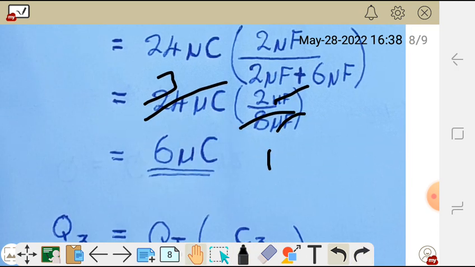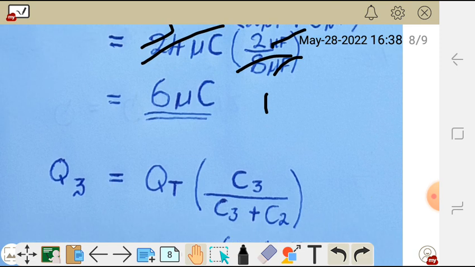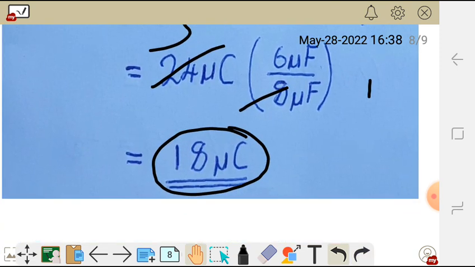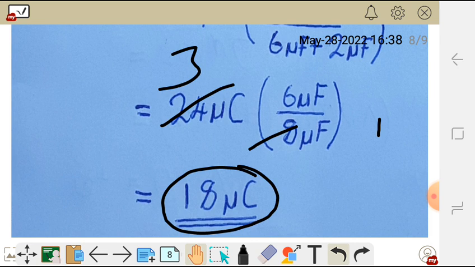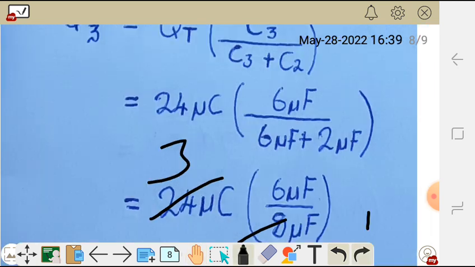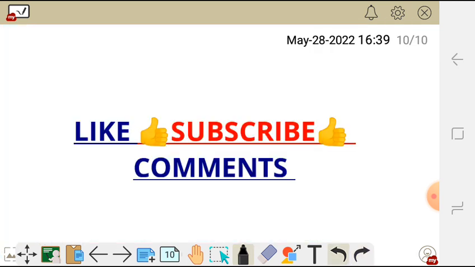We have 6 for Q2, so 6 plus 18 is 24, meaning the total charge is correct. So that's how to calculate the capacitors and the charge of a capacitor.